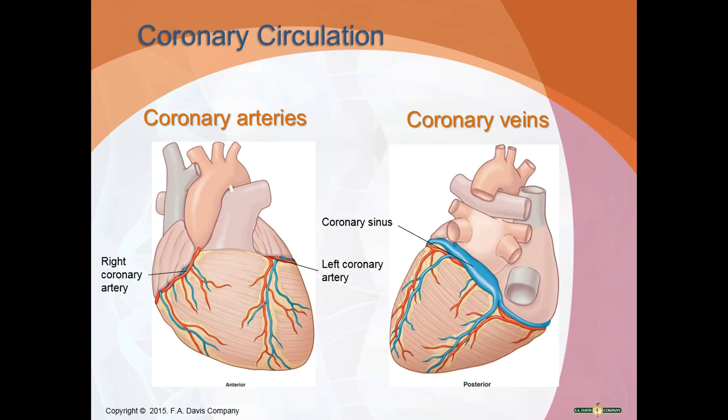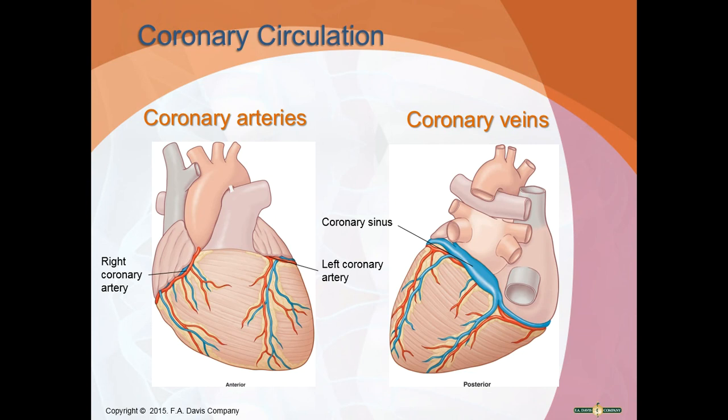So now we're going to look at the coronary circulation. Corona means heart, and the coronary veins, if you held the heart upside down, it looks like a crown, especially like an ancient crown.